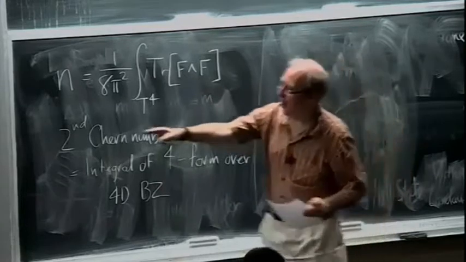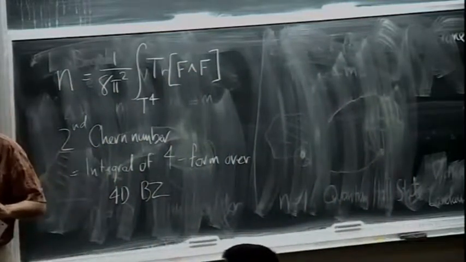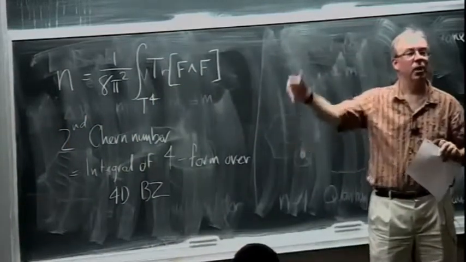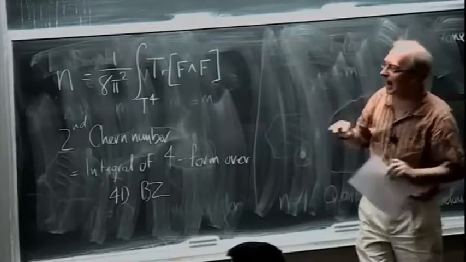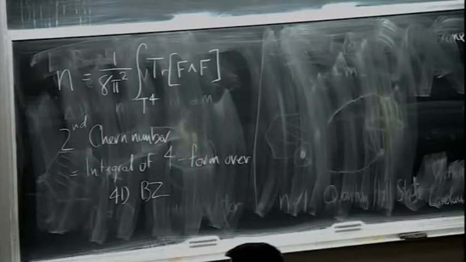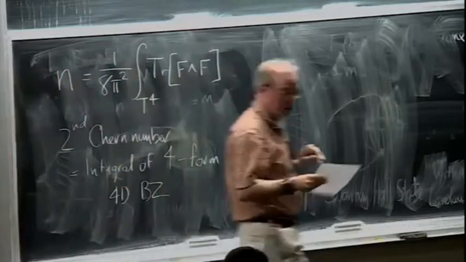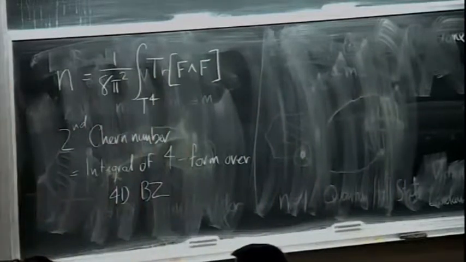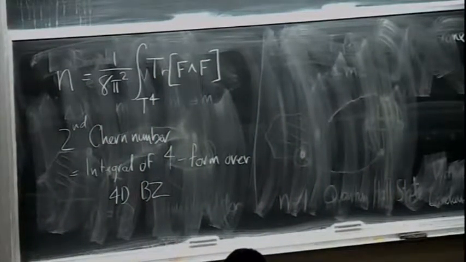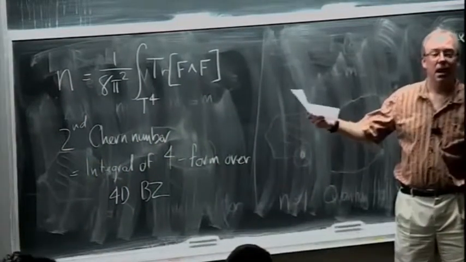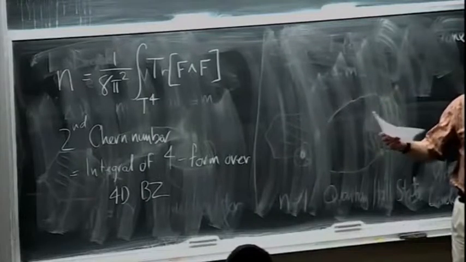Okay, so F is a 2-form, something that you integrate over a surface. F wedge F is a 4-form, something that you integrate over a 4-dimensional volume. For the same reason that the first Chern number is quantized, the second Chern number is similarly quantized to an integer. So it is possible to have a 4-dimensional band structure whose second Chern number is non-zero. And so this gives a generalization in 4 dimensions of the quantum Hall effect.